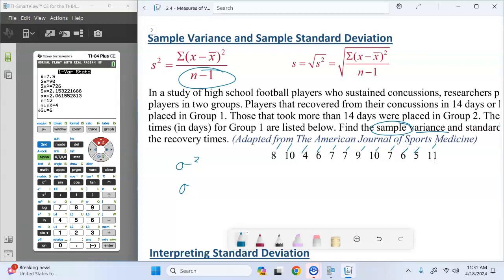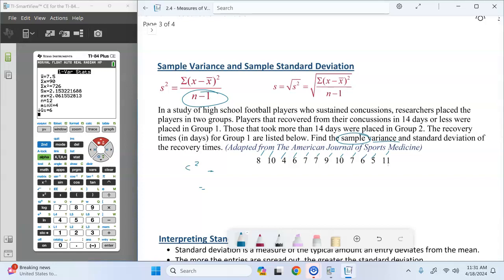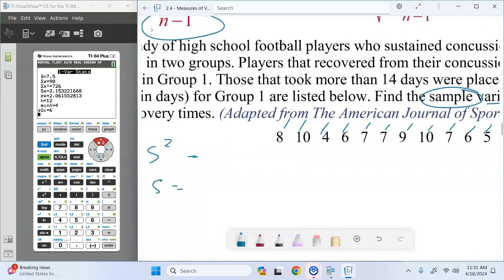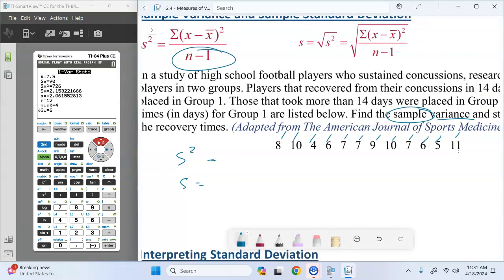Actually, that's not the sample one, that is S squared and S, for sample standard deviation and sample variance. So our sample standard deviation is this 2.153221688, and it keeps going. Okay, that's standard deviation. We square root it, it's going to be irrational. So we can round it to 2 decimal places, 2.2, approximately.